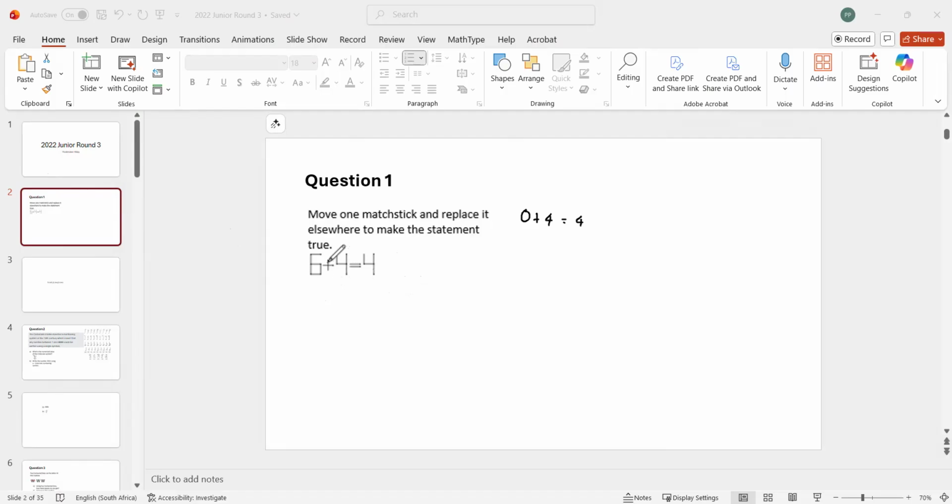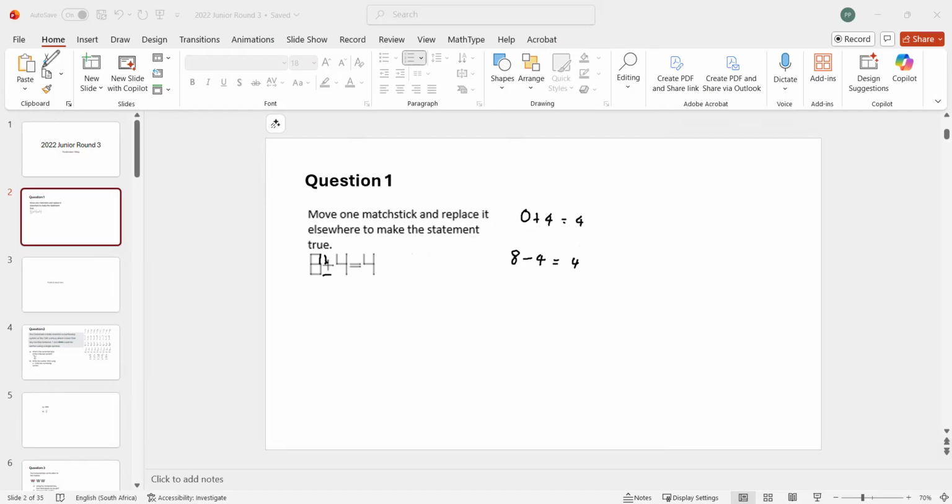If you take the vertical one, sign out from here, put that there, then you have 8 minus 4 equals 4. So that's certainly a second alternative. They asked for only one, but we can make a few.